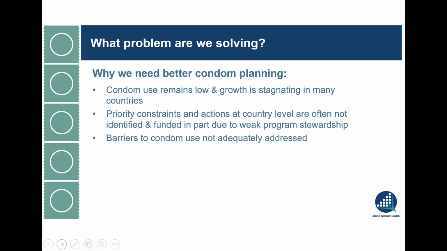So this includes coordination across stakeholders, strengthening financing, forecasting needs, as Hank has talked about, and developing and disseminating program analytics, and of course, strategic planning. What we're also seeing is that the barriers to condom use are not adequately addressed.